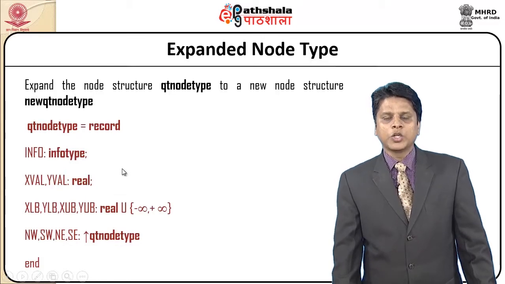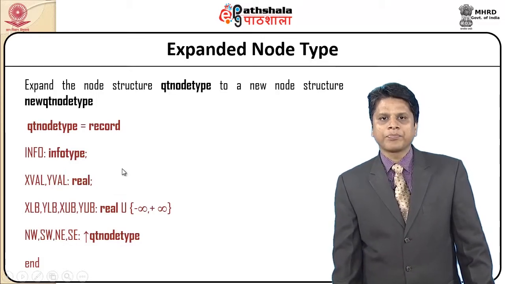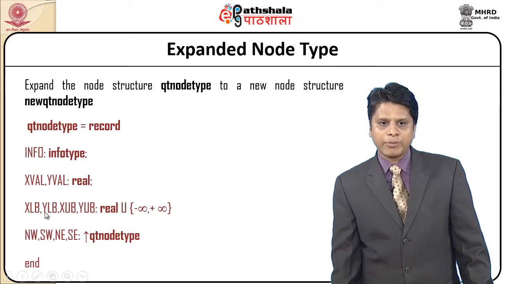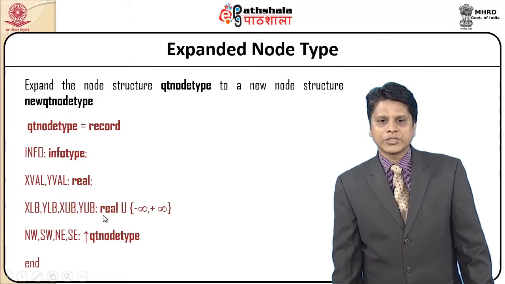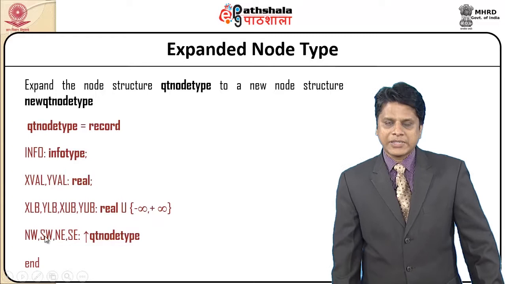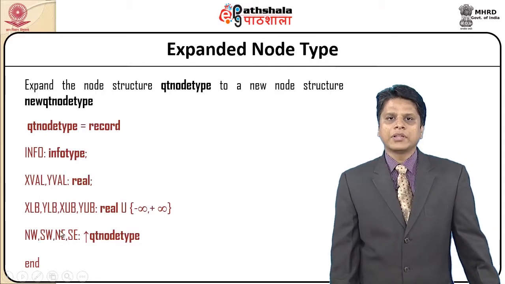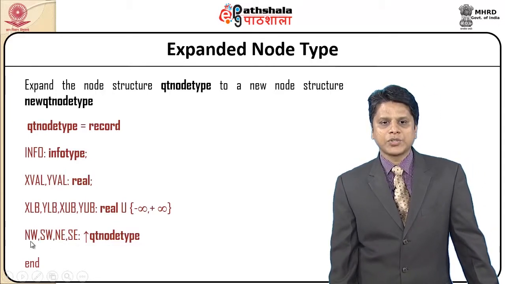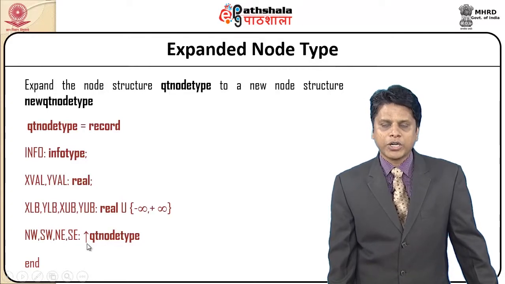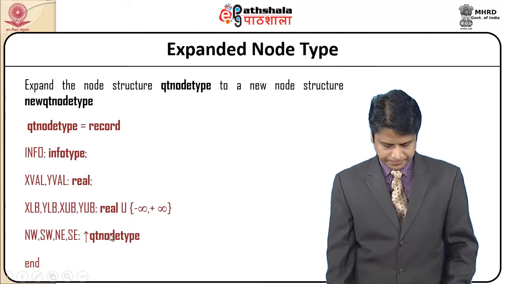But to be specific to MX Quadtrees, it also has X lower bound, Y lower bound, X upper bound and Y upper bound, which are real, from minus infinity to plus infinity. And as it is a quadtree, we have the same directions: northwest, southwest, northeast and southeast, which are defined by pointers to the quadtree node type.